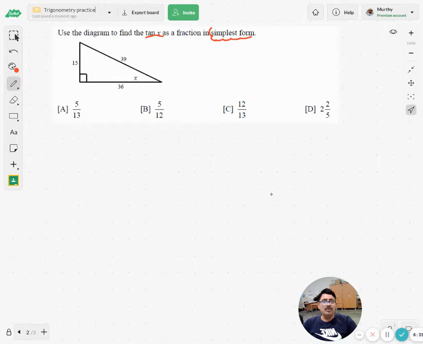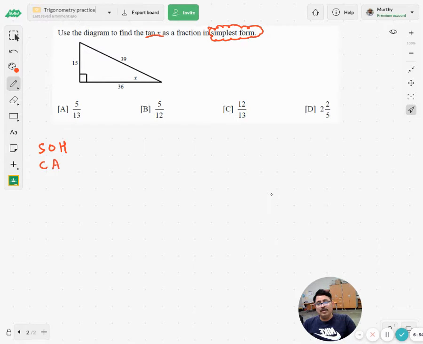Once again, the question says simplest form. Whether you are asked or not, you are always expected to express the answer in its simplest form. So I always prefer to write SOH CAH TOA.